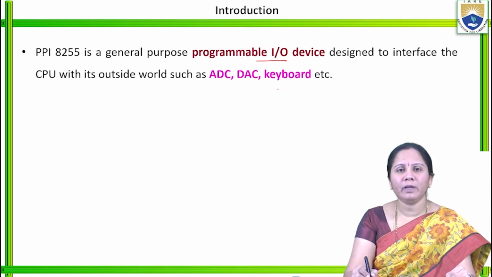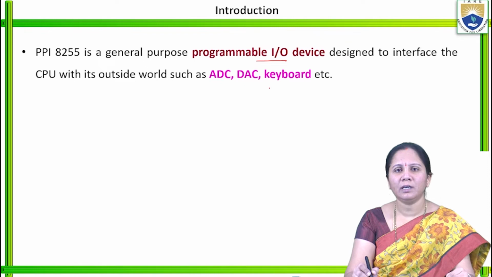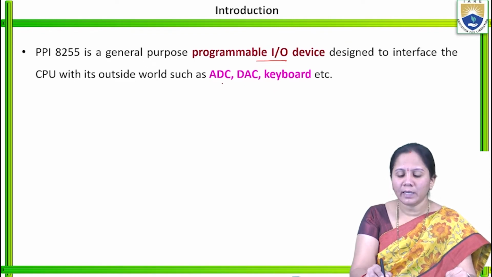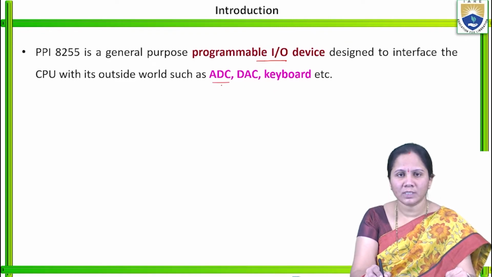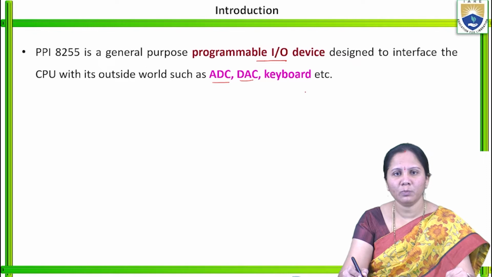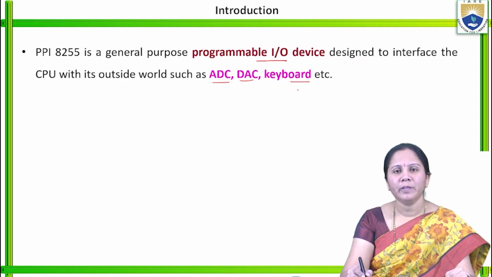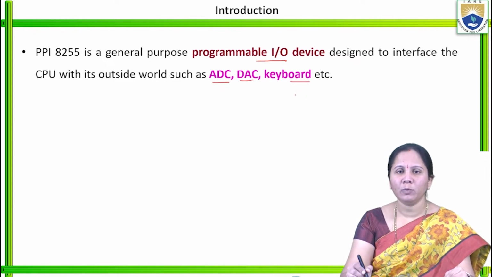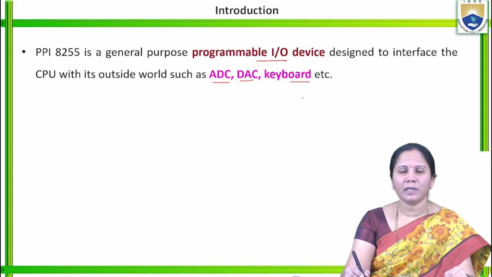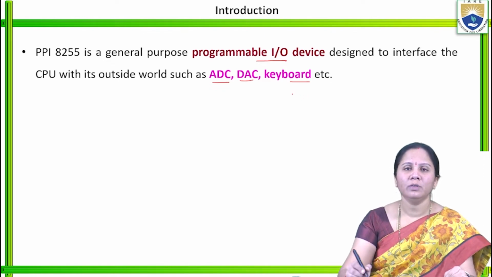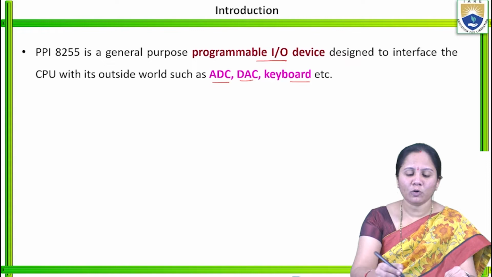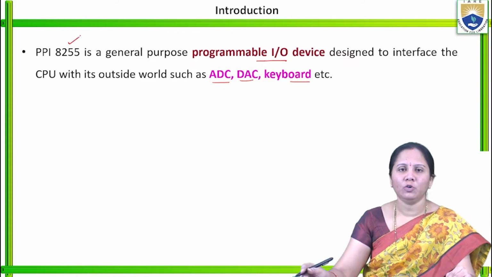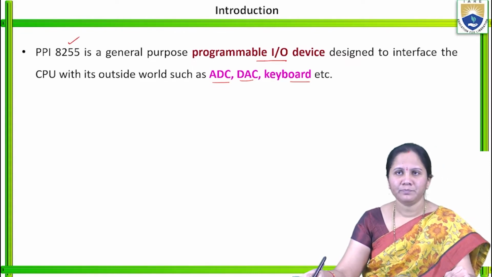This 8255 IC is mainly designed to interface I/O devices like DAC, digital to analog converter, ADC, analog to digital converter, and keyboard. So all these are different I/O devices, and all these I/O devices will be connected to the 8086 microprocessor by using this 8255 PPI.